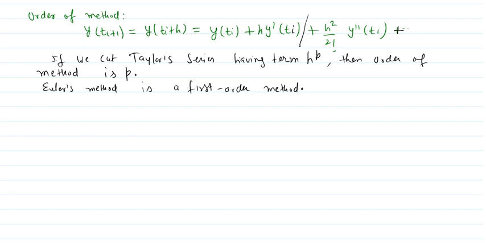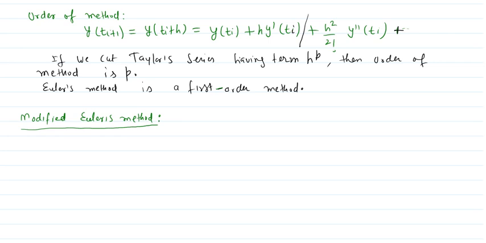So we will study first, second, third and fourth order methods in this chapter, and in fact first, second and fourth order. So the next method in this category is known as modified Euler's method, or improved Euler's method.